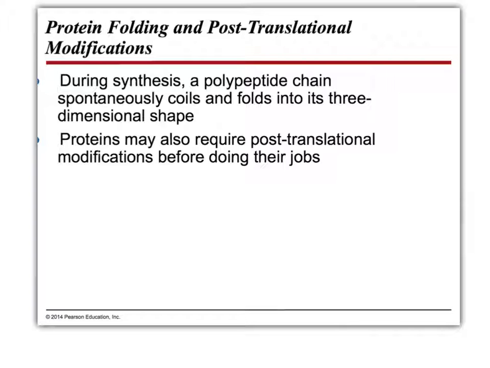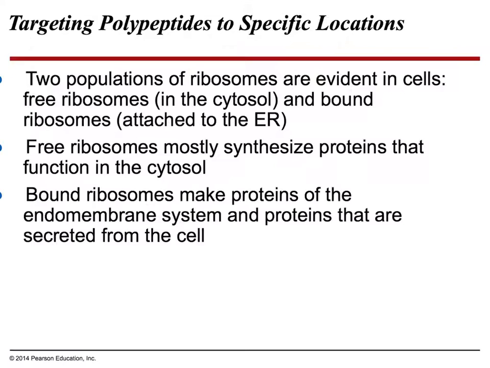A lot of times there is a directed process. Parts of the protein have to be folded before another part. Tab A has to go into slot B before you can change over to globular structure C. And then there's also post-translational modification.